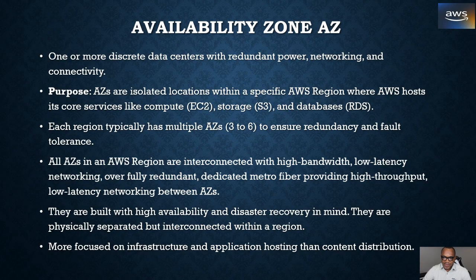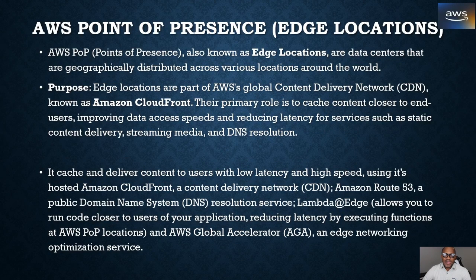So availability zones are more focused on infrastructure and application hosting than content distribution. We also have points of presence. They are also known as edge locations, and they are focused on optimizing content delivery and user experience, especially for static and latency sensitive data.